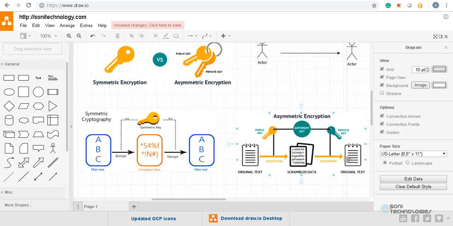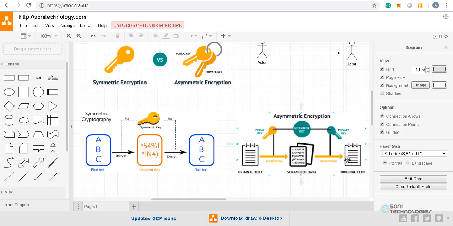So if anyone tries to steal the public key, it will not be possible to decrypt the data, as decryption is only possible using the private key, and the person who has stolen the public key doesn't have the private key. The cryptography algorithm used makes it nearly impossible to derive the private key from the public key.